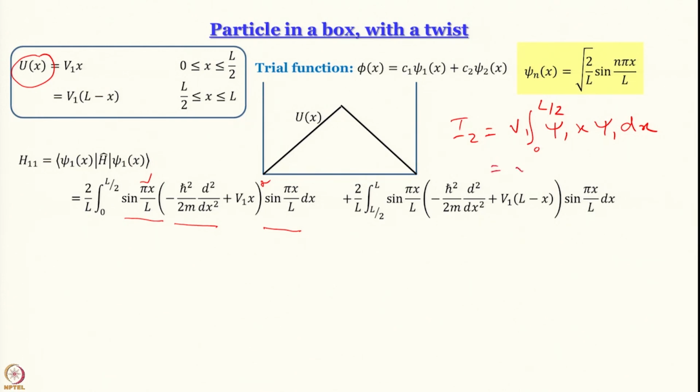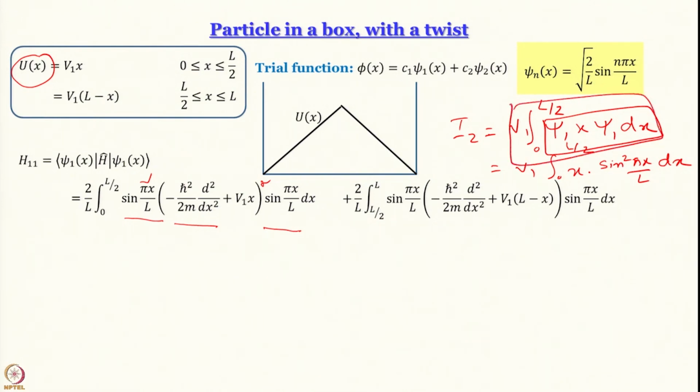So, this will be V1 integral 0 to L by 2 of x into sin square pi x divided by L dx. Does that ring a bell? If I only change the limit from 0 to L by 2 to 0 to L, then this integral would be your average value of position.